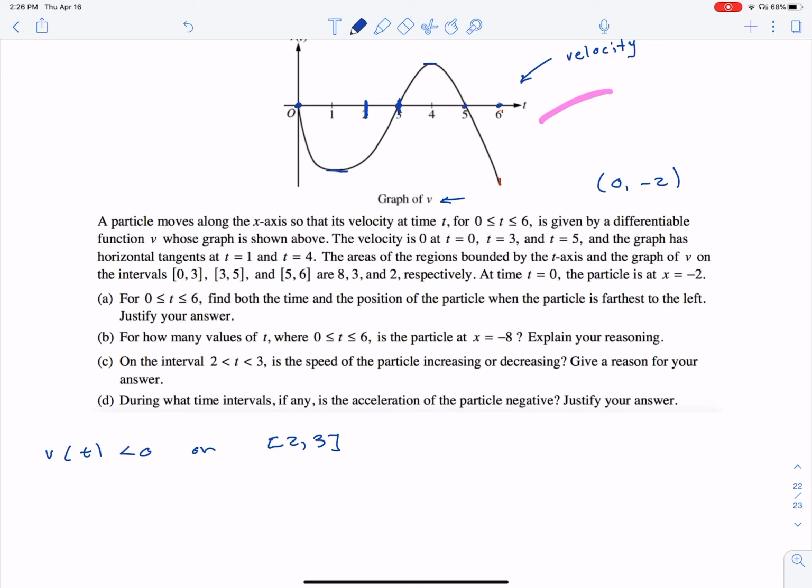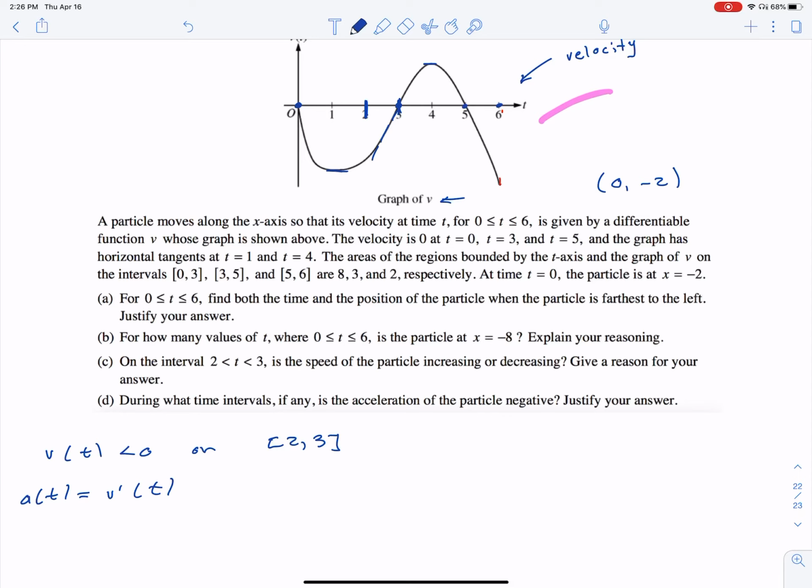Now I've got to look at the acceleration. What is the acceleration? a of t, which equals v prime of t. V prime of t is going to be the slopes of the tangent lines to this graph on this interval. Notice all those slopes are positive.